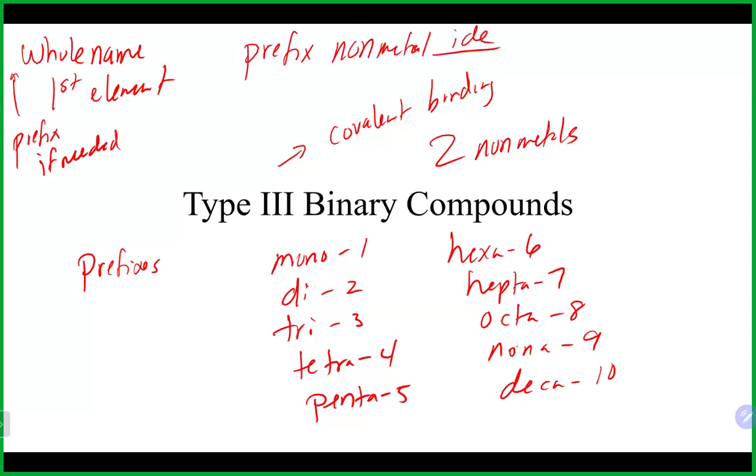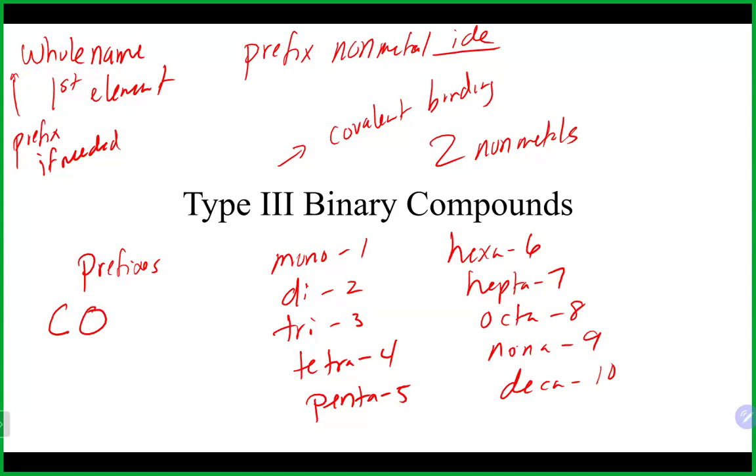So prefix the first name if necessary, prefix the second name, and the second name gets the IDE. So for example, capital C, capital O. Those are 2 nonmetals together, carbon and oxygen. That tells me it's type 3.